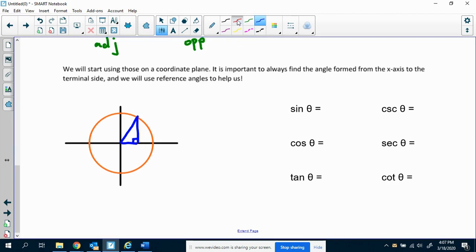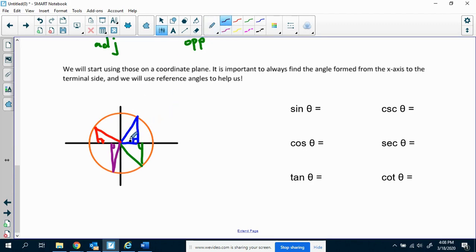So that would be an example of a triangle. Here's another example of a triangle. I have the right angle here, and then I'm drawing it to the x-axis. Here's another example of a triangle. Right angle is formed with the x-axis. Here's another example of a triangle. Right angle formed with the x-axis. So there are a bunch of examples of triangles that we have formed with the x-axis.